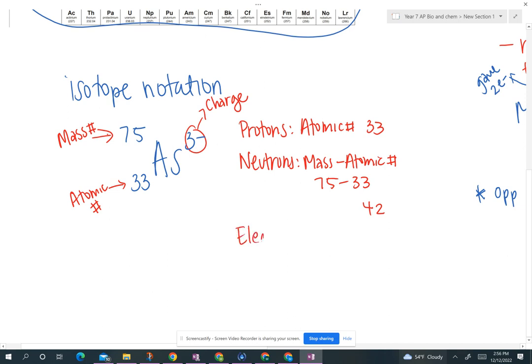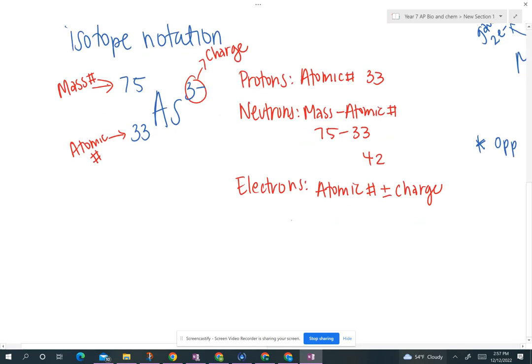Electrons: depending on the charge, you can have two formulas. I'm going to take my atomic number, which should be my number of protons, and either plus or minus the charge. If it has a negative charge, and a negative charge is called an anion, which is the case in this one, I'm going to go atomic number plus the charge, because that means that I'm adding in more electrons.